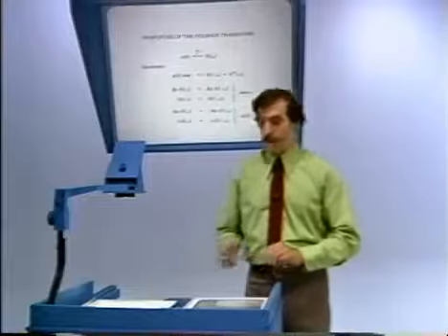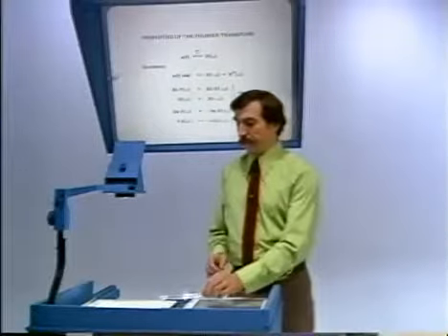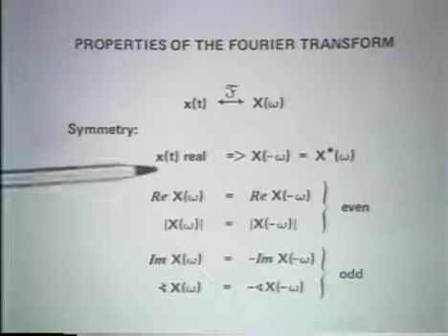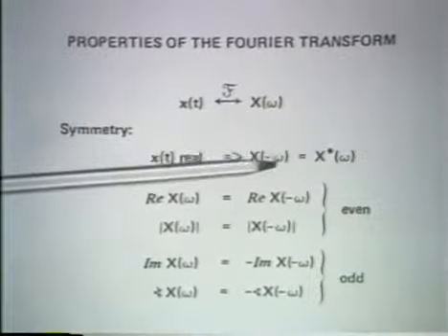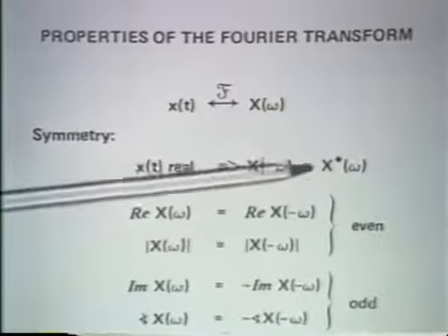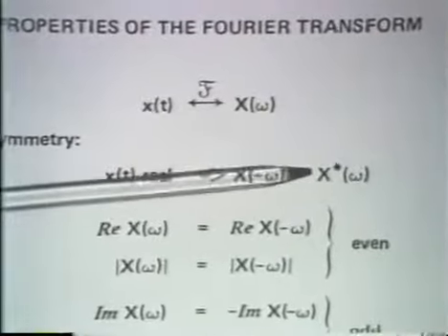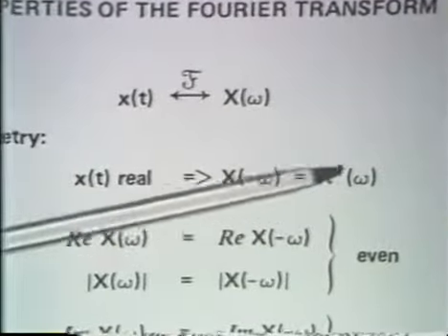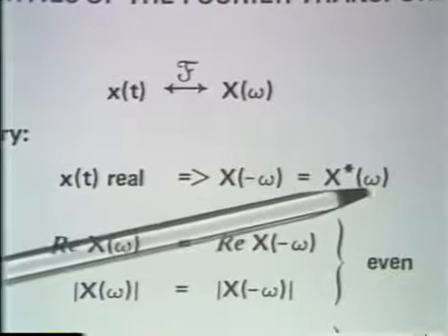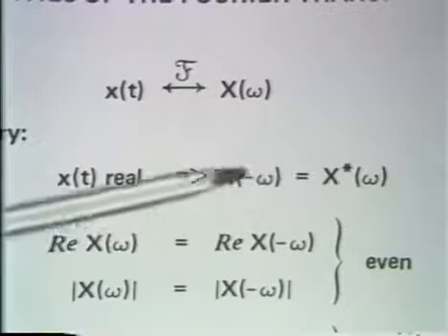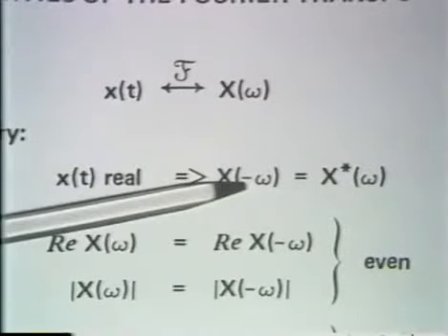The symmetry of the Fourier transform when x of t is real is what is referred to as conjugate symmetric. In other words, if we take the complex function F of omega and its complex conjugate, that's equivalent to replacing omega by minus omega.